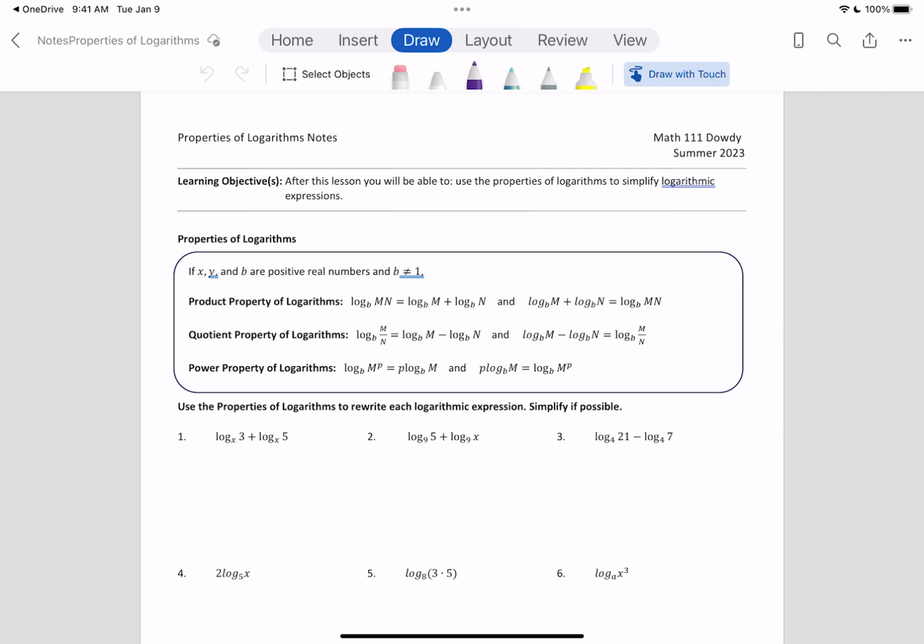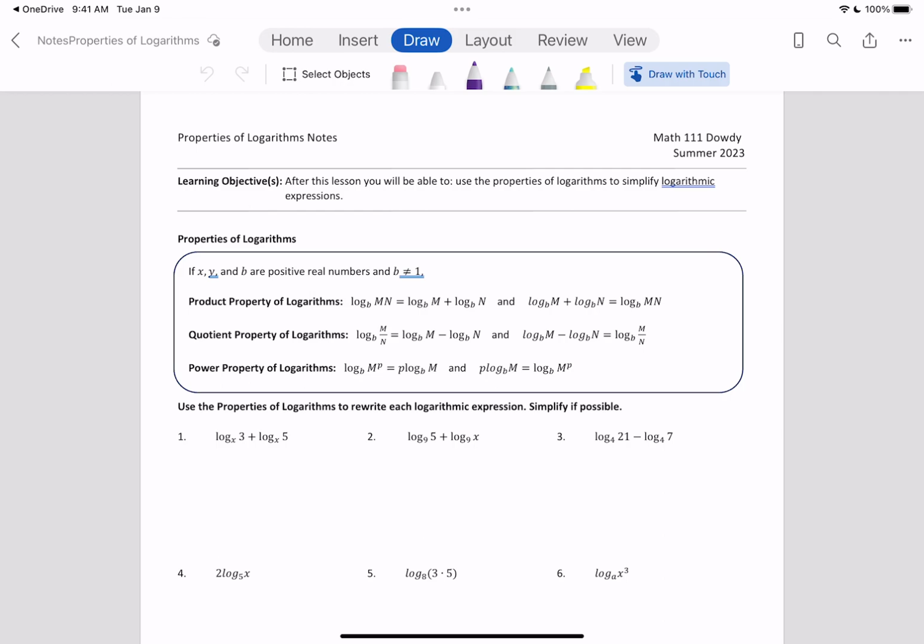Alright, to further our journey to be able to get to where we can solve equations that involve logarithms, we need to first learn some properties of logarithms that we can use to either combine or separate logarithmic terms.